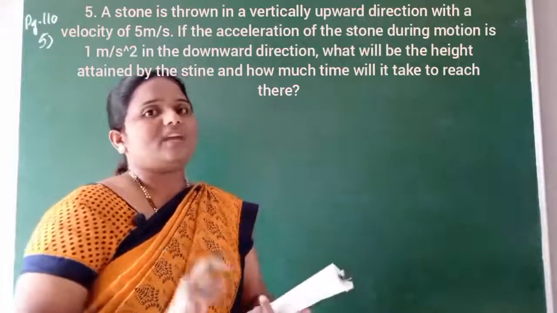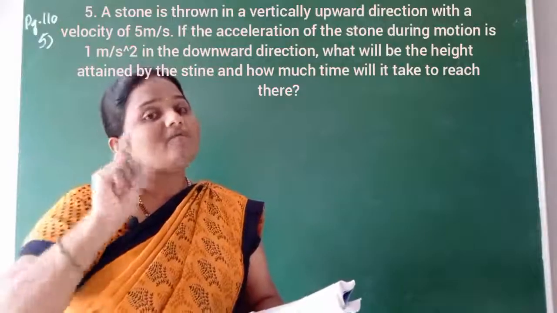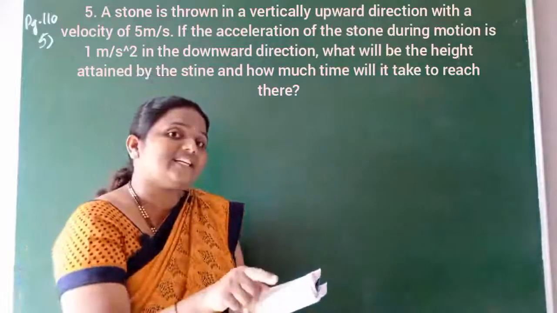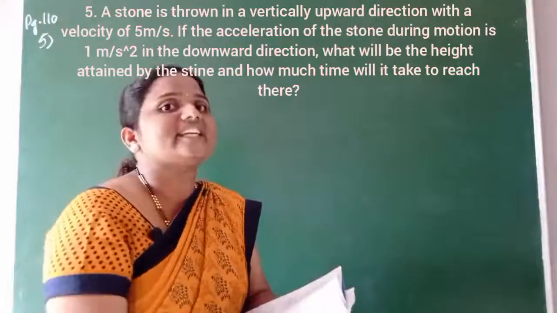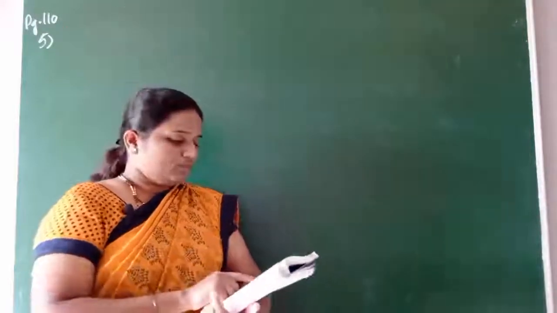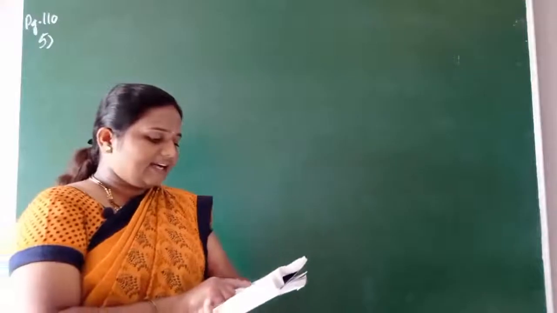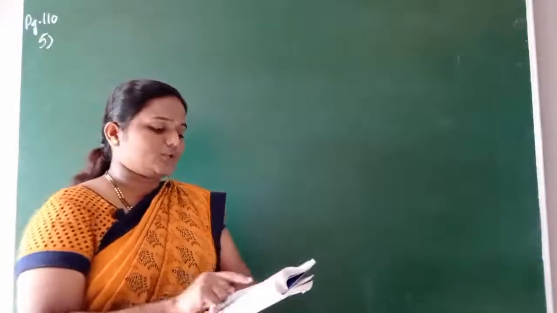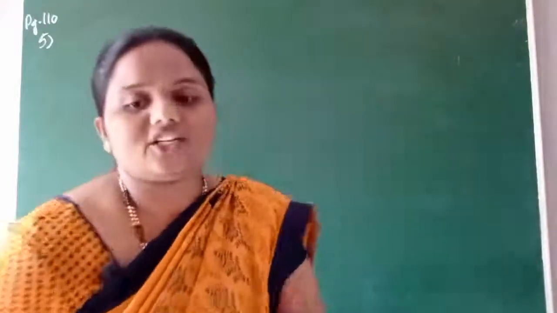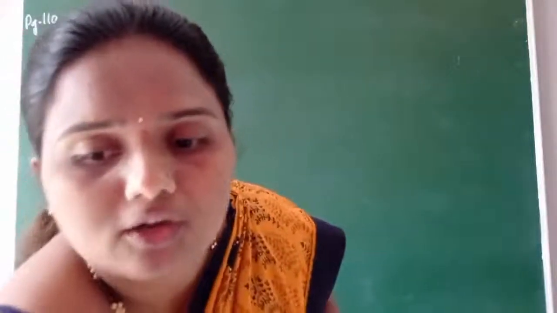See, children, here the stone is moving in the upward direction, whereas the acceleration is acting towards what? Ground. Means downward acceleration is acting. And what will be the height attained by the stone, and also calculate how much time it will take to reach there. Isn't it, children? This is what our question.